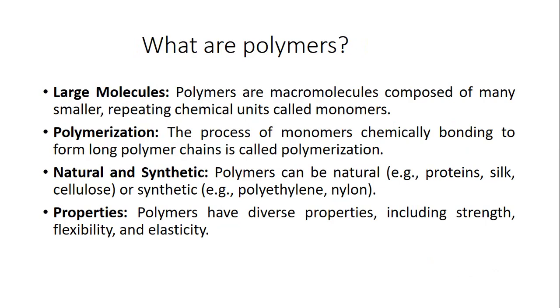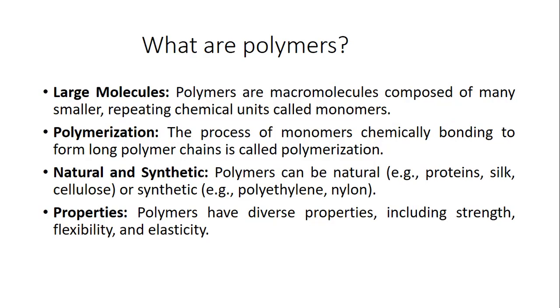What is the basic significant information about polymers? Polymers are macromolecules composed of many smaller repeating chemical units called monomers. The process of monomers chemically bonding to each other to form a long polymer chain is called polymerization.